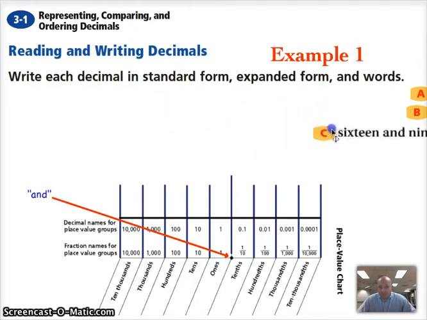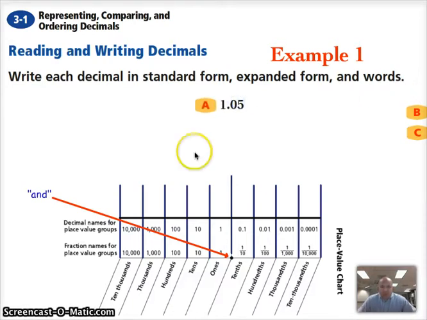All right. Now, before we solve those three problems, let's take a look at this chart. This chart down here is a place value chart. It shows the ones, tens, hundreds, thousands, ten-thousands that we're all familiar with. And then it shows the decimal place, or decimals, to the right of the decimal point. I'm going to go ahead and do the first problem using this particular chart. What I want you to do is copy this chart down.